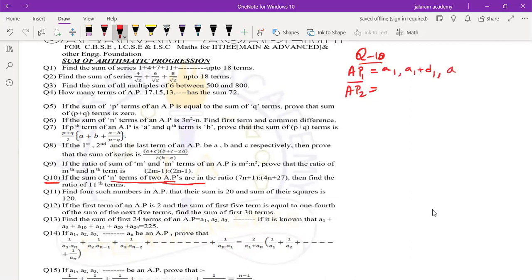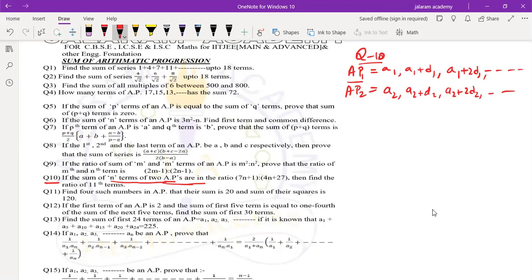So the second term must be A1 plus D1, third term is A1 plus 2D1, and so on. Similarly in AP2, if the first term is A2, the second term is A2 plus D2, third term is A2 plus 2D2, and so on. Okay.